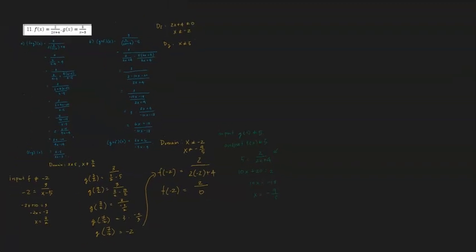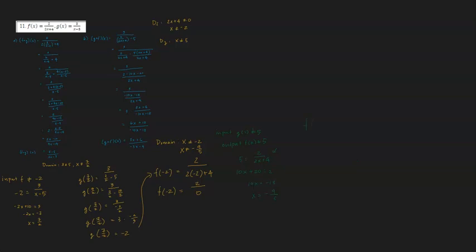Okay, and so let's go ahead and do f of negative 9 over 5, which equals 2 over 2 times negative 9 over 5 plus 4.